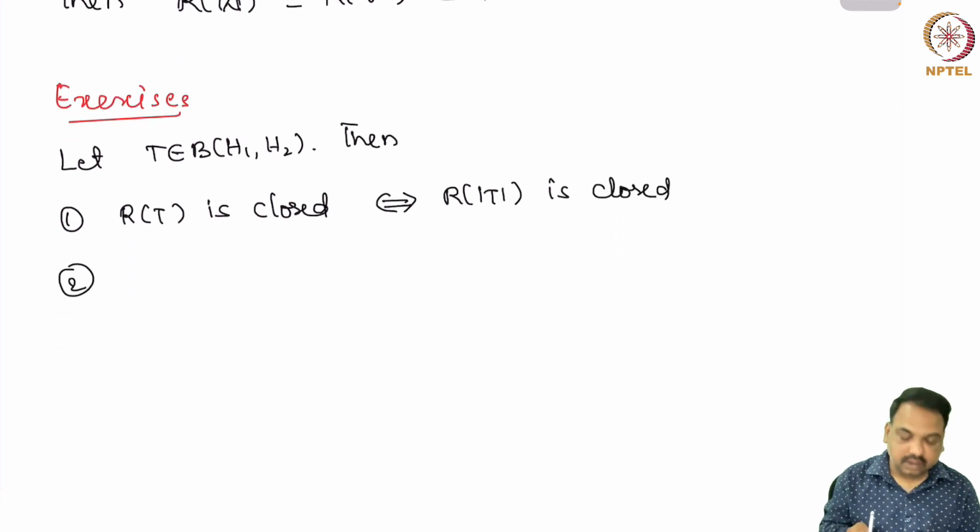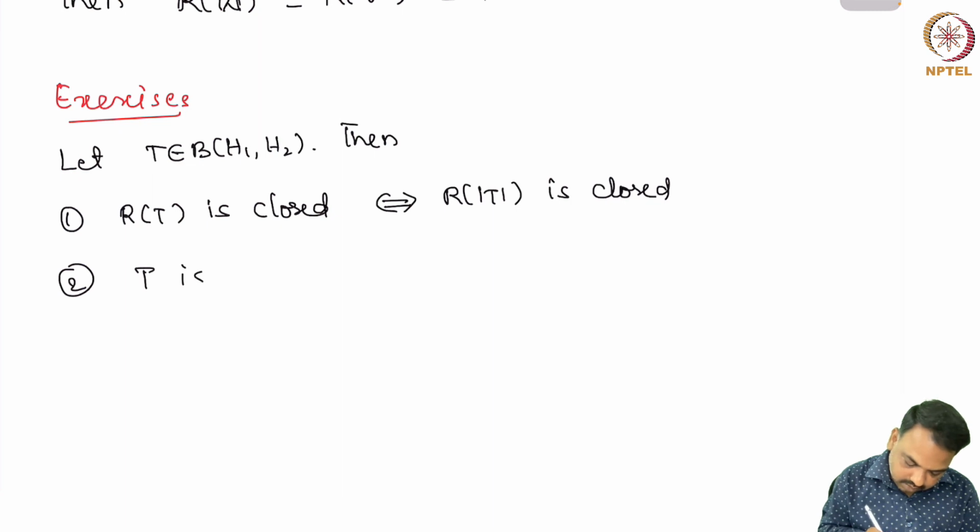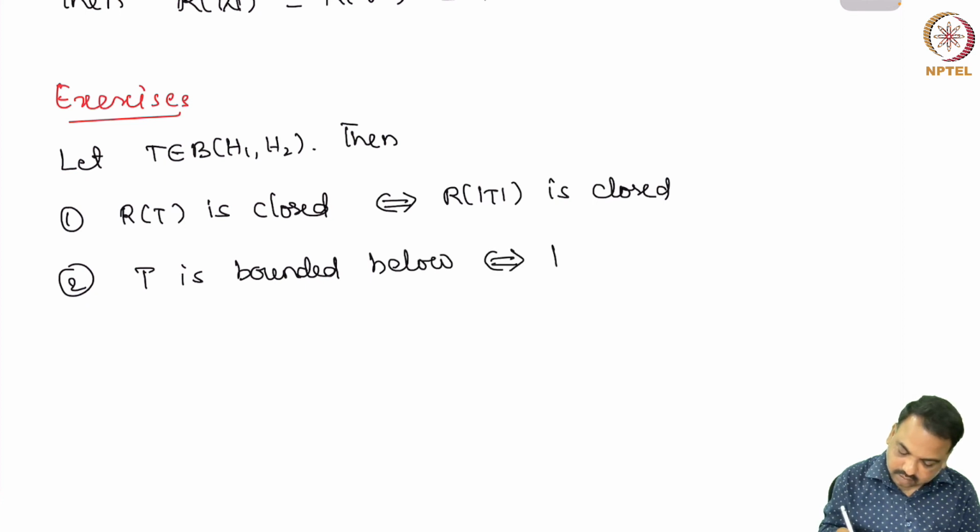We can also show that T is bounded below if and only if |T| has a bounded inverse.